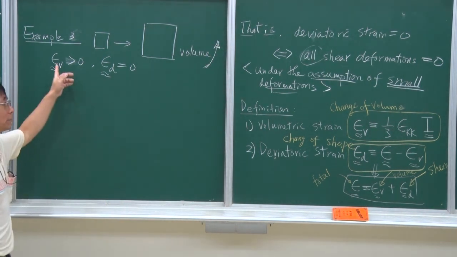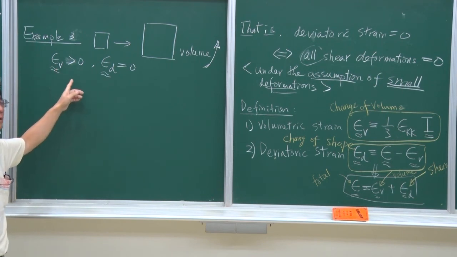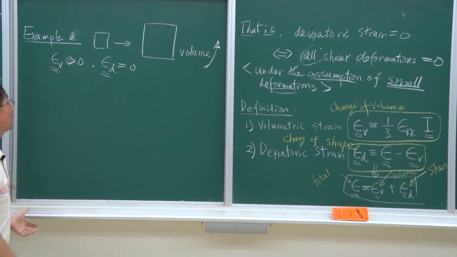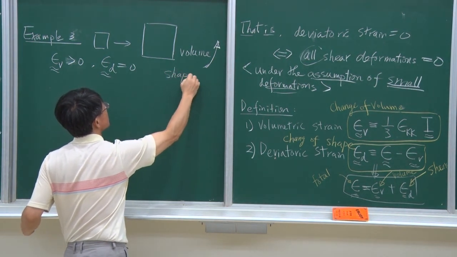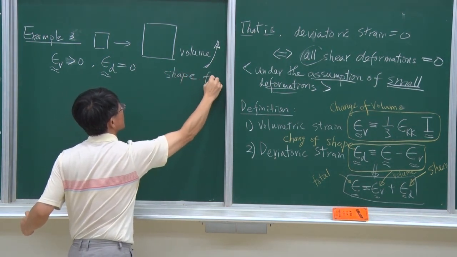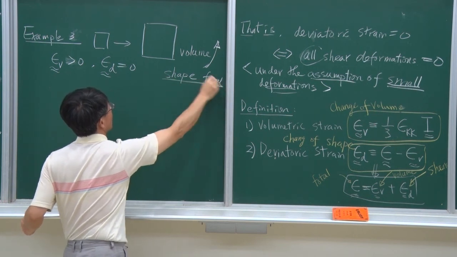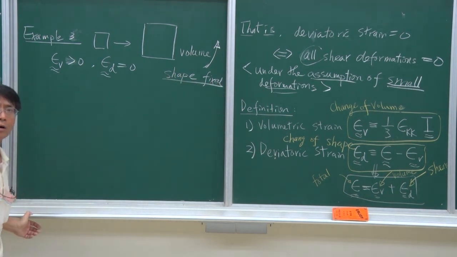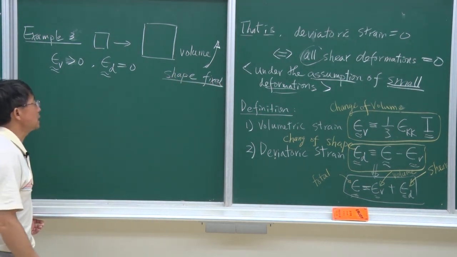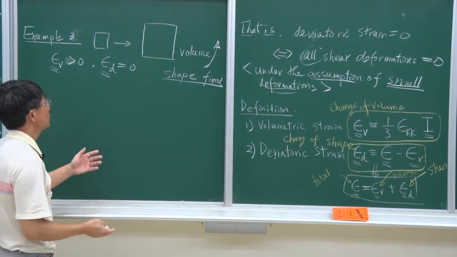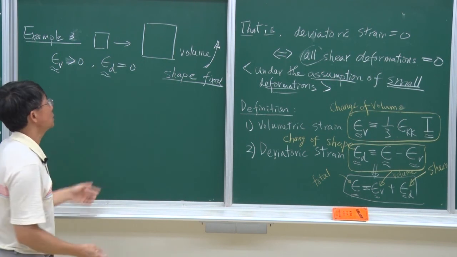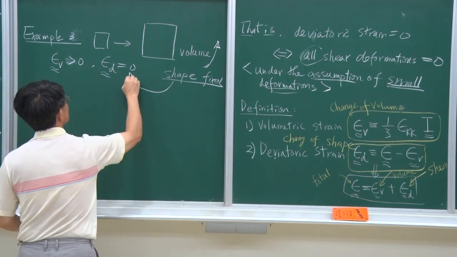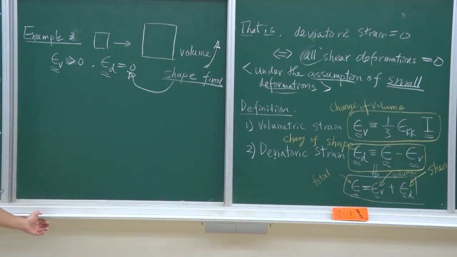So we have the volumetric strain larger than 0, but the shape is fixed. Okay, the shape doesn't change at all. So since there is no change of shape, the deviatoric part equals 0.